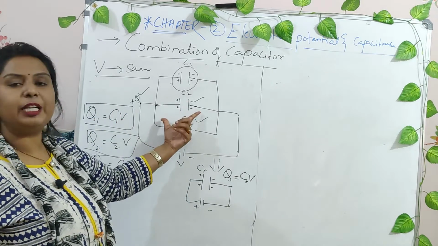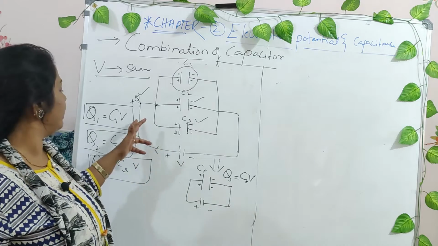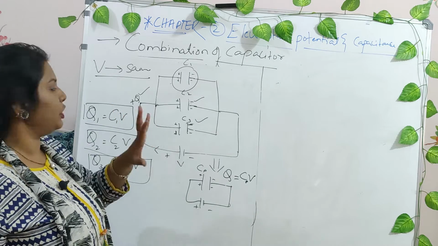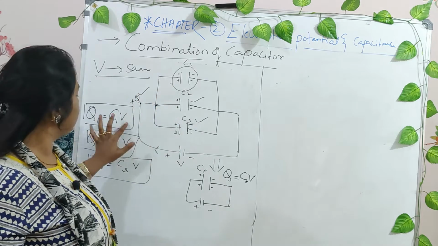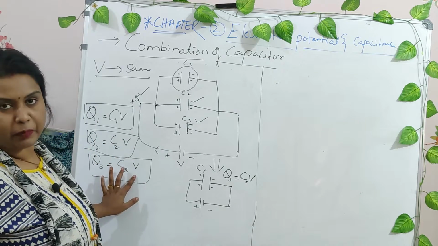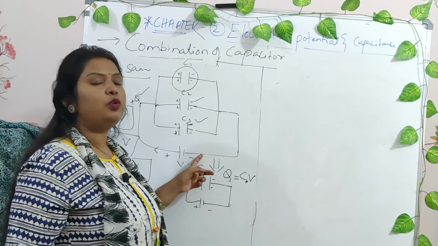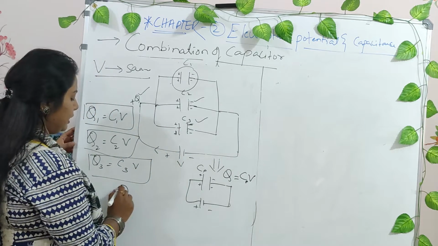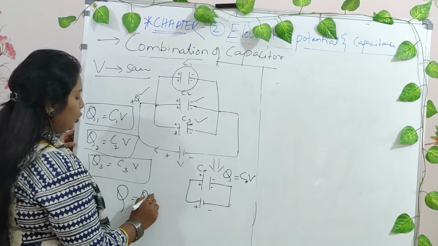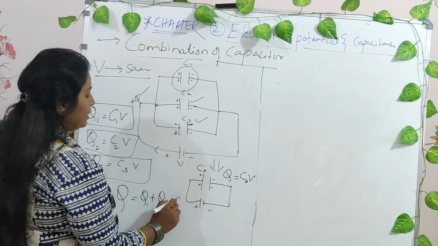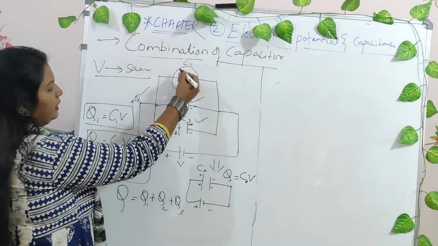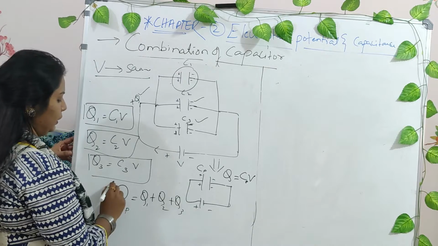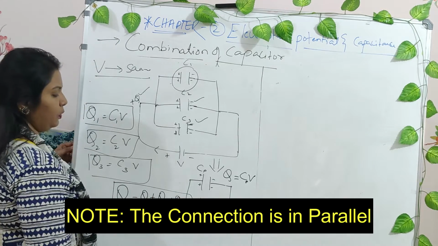Because the potential remains the same. There is no point in writing separate notations here, right? The potential is the same for all the capacitors, and hence you take it as the same. If I need the total amount of charge, it is written as Q = Q1 + Q2 + Q3, right? And hence the effective charge will be Qp, right?